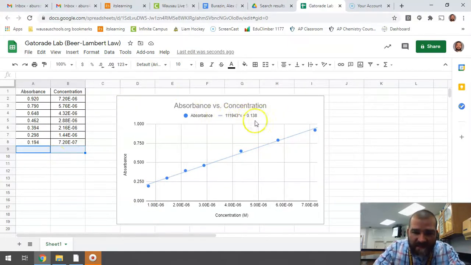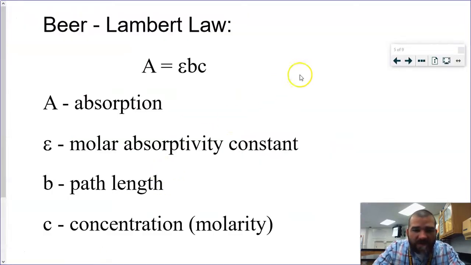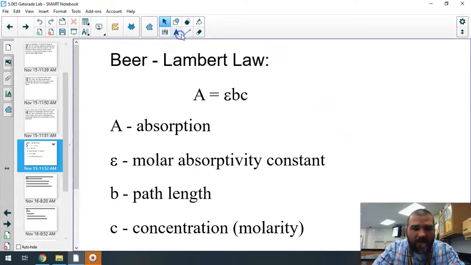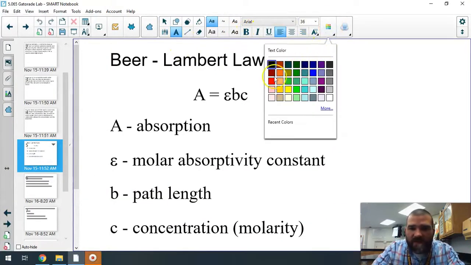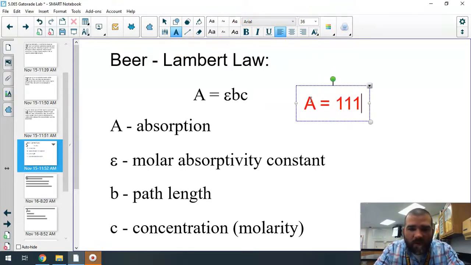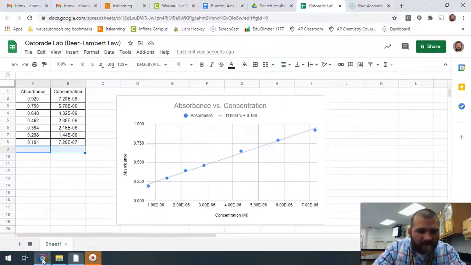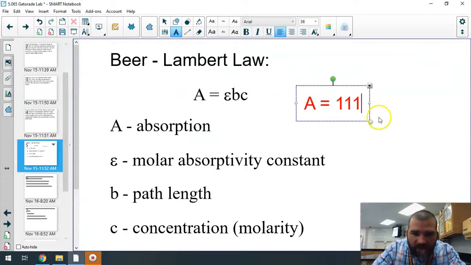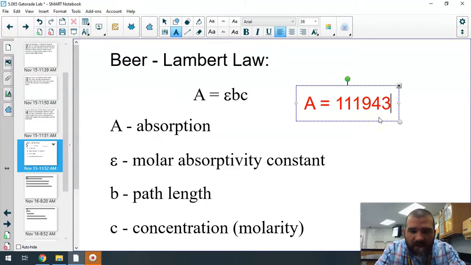So this is our Beer-Lambert equation. What we have just done, and I'll see if I can type it in here. Let's switch color just to make sure we can see it. Okay. What we have is absorbance equals 111,943 multiplied by concentration.